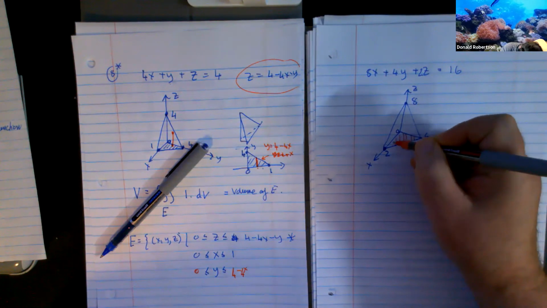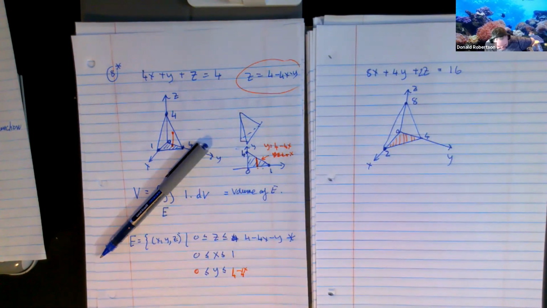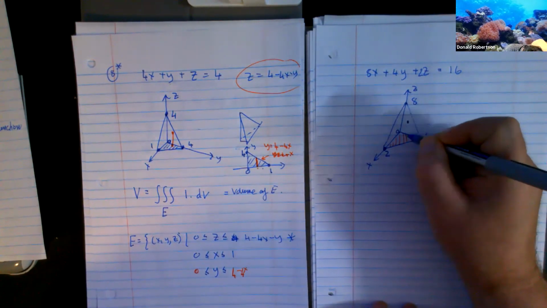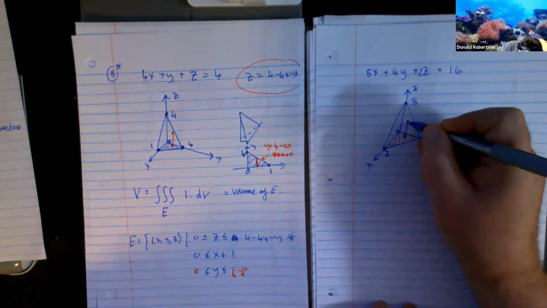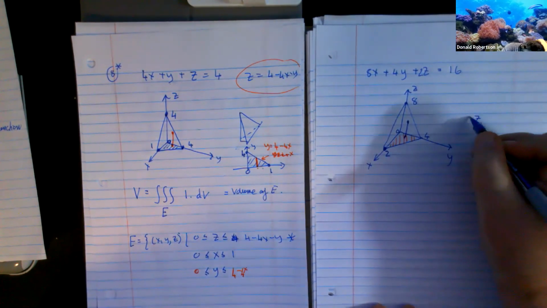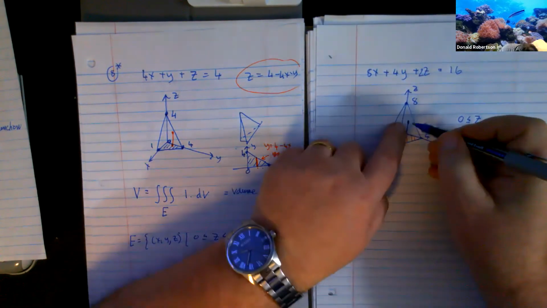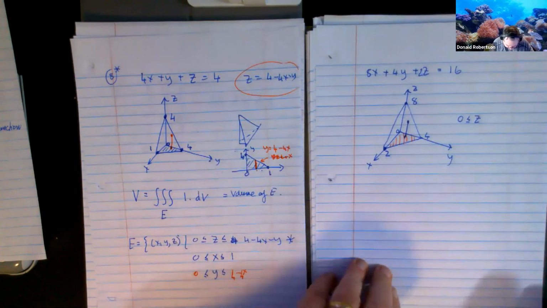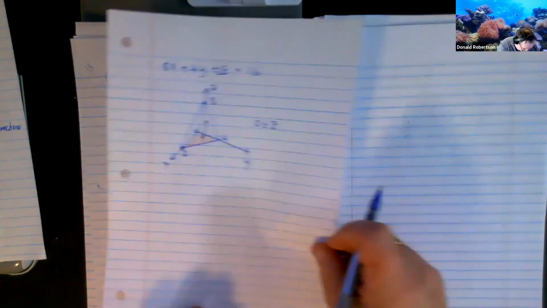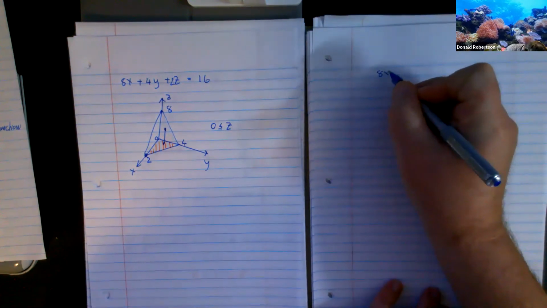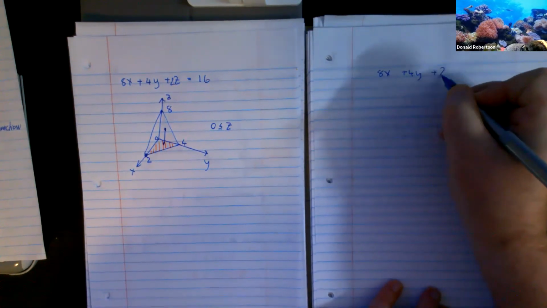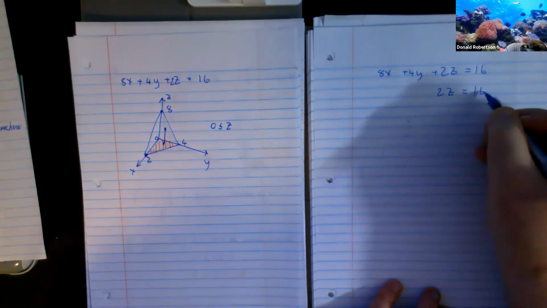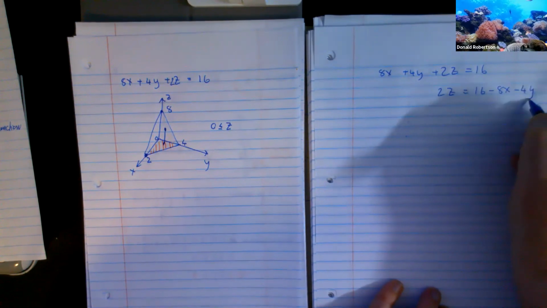whenever you can use one direction, the XY plane, I will. Let's imagine a random point on the ground going up to the surface. The z would be 0 on the bottom, and the top would be this surface. If you rearrange this, which I'm going to do on the side, in terms of z, it's 16 take away 8x take away 4y.